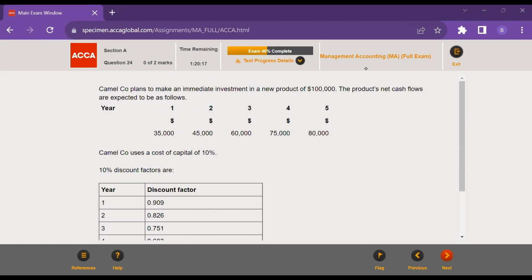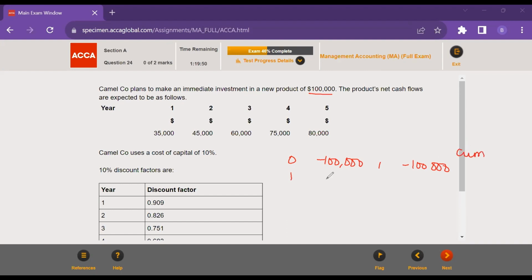So I see that in year 0, I have to make an outflow of $100,000. So year 0 is minus 100,000. And the discount factor for year 0 is nothing but 1. So I can say that my discounted cash flow is minus $100,000. So then I move on to year 1. So here let's do the cumulative also.